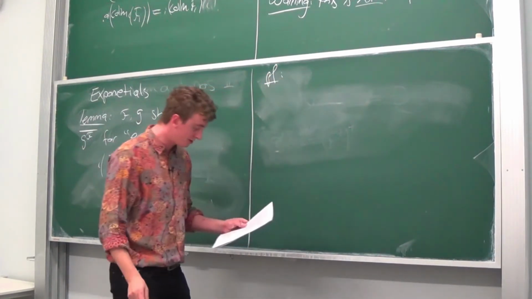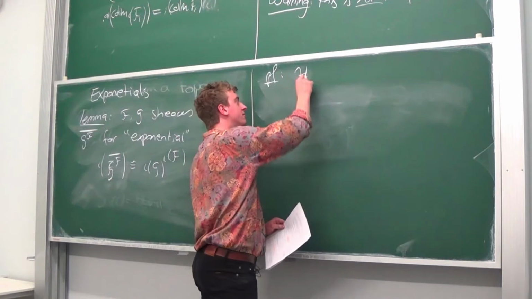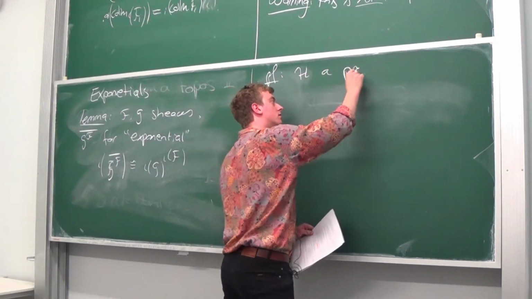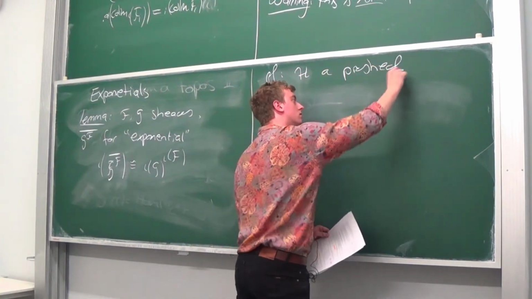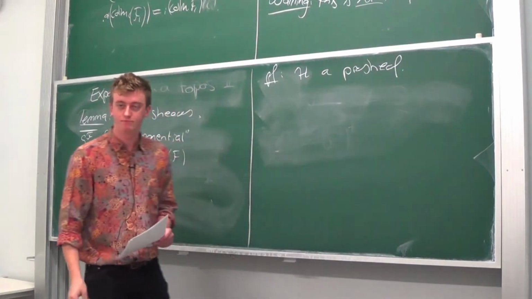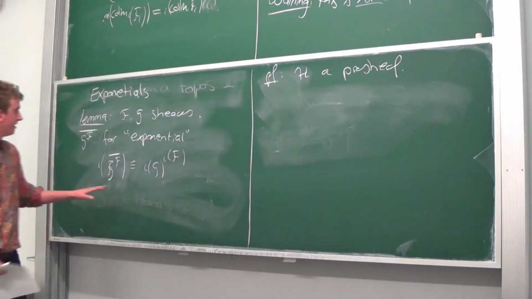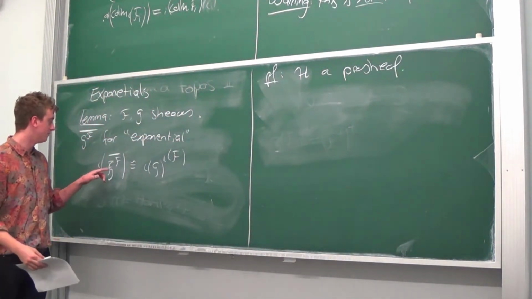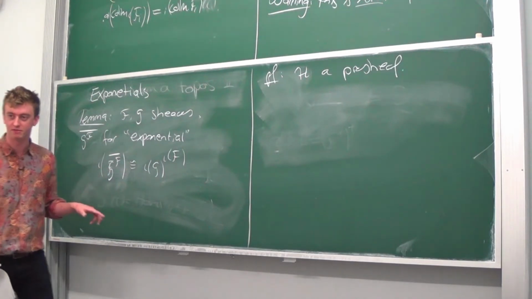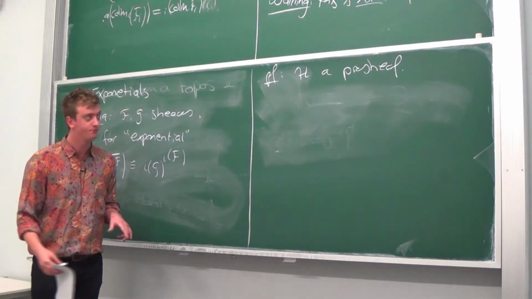So let's take H to be a pre-sheaf. Sorry, what do you mean by that? Yeah, so what this will say is that the definition of an exponential, if it were to exist, has to match the definition in pre-sheaves.